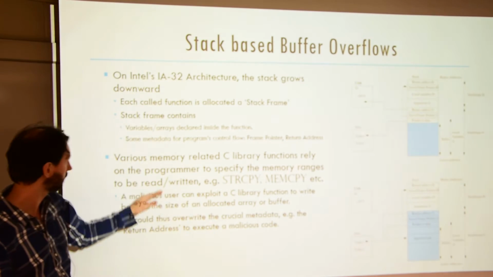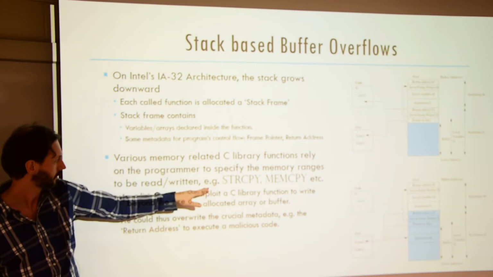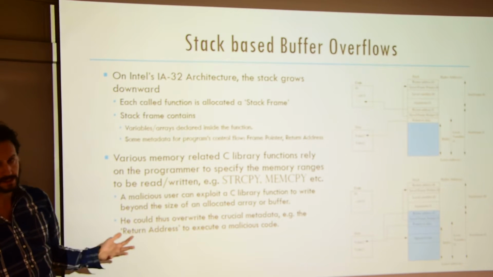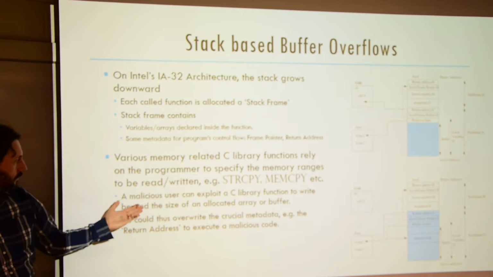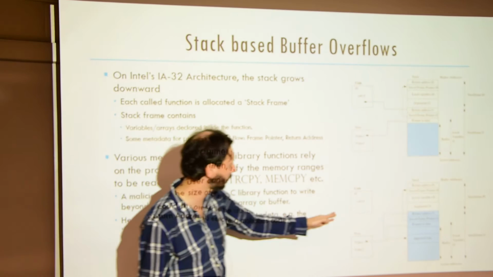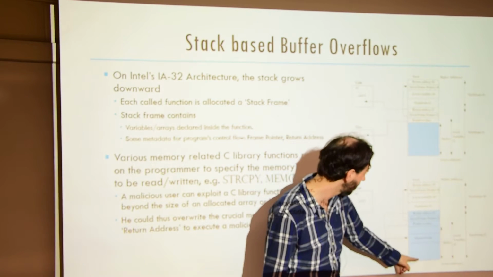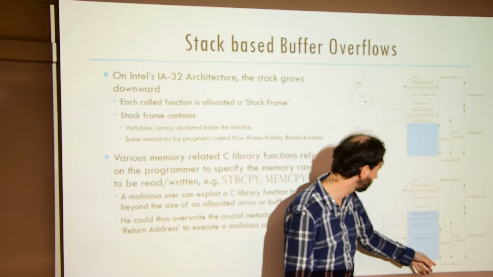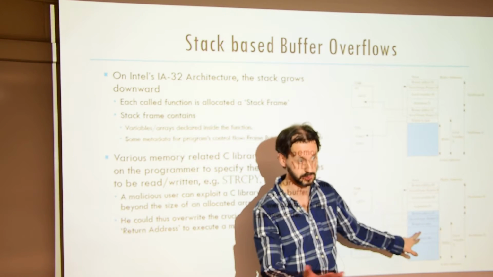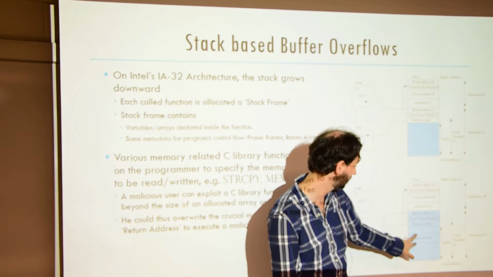So the whole idea is that we may have C library functions, such as these guys, that you could potentially exploit. So a malicious user can exploit this library to write beyond the size of an allocated array or buffer. So suppose I'm going to write inside the buffer itself some beautiful injected code, some shell code, which you guys will be doing in your laboratory.